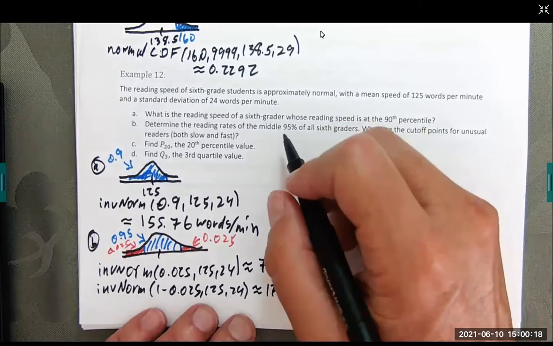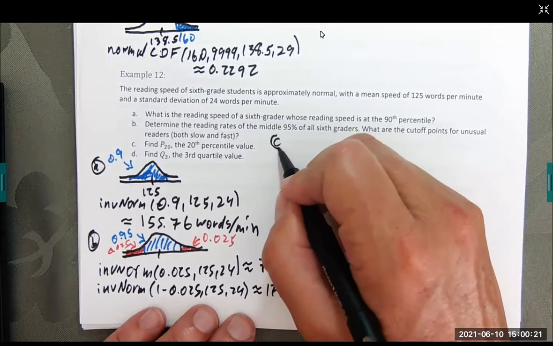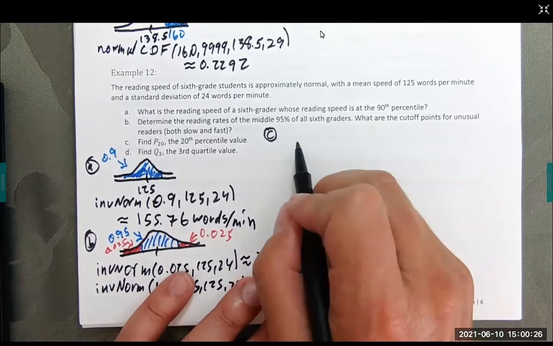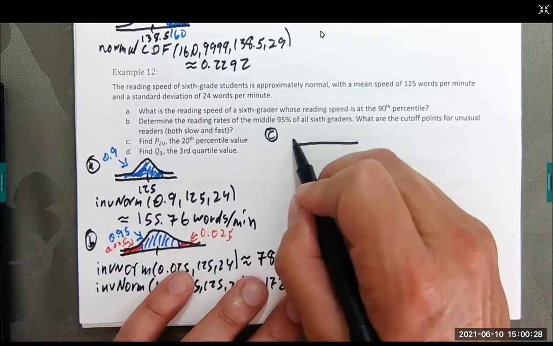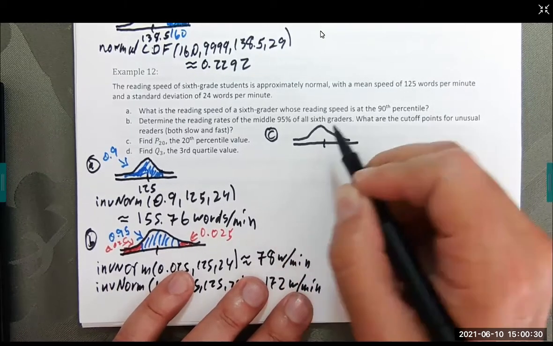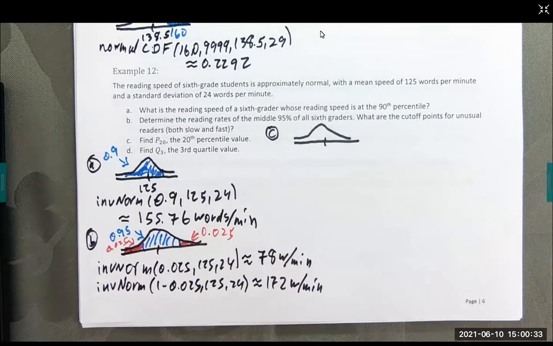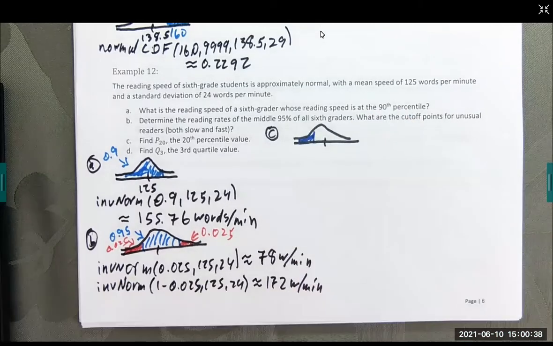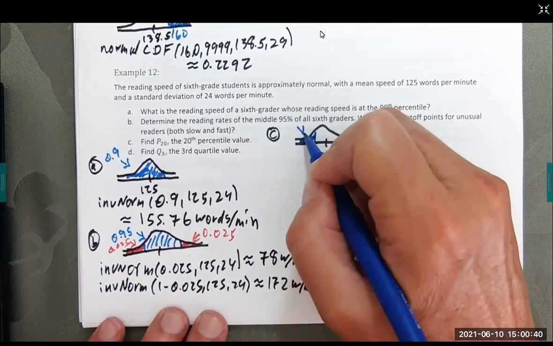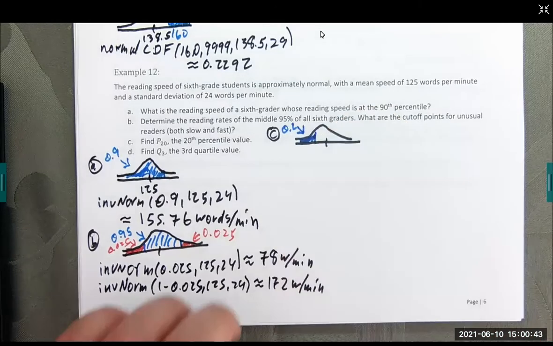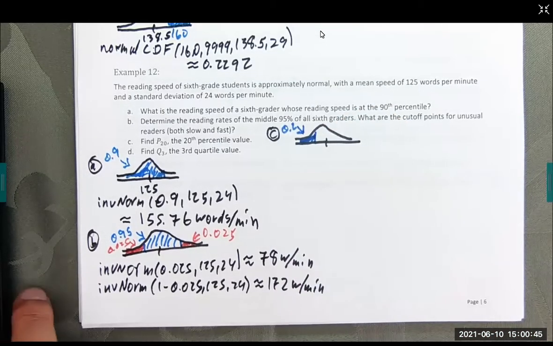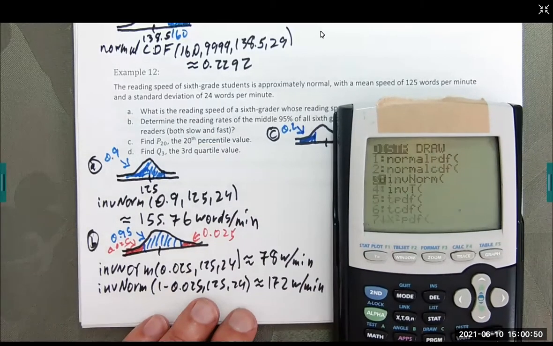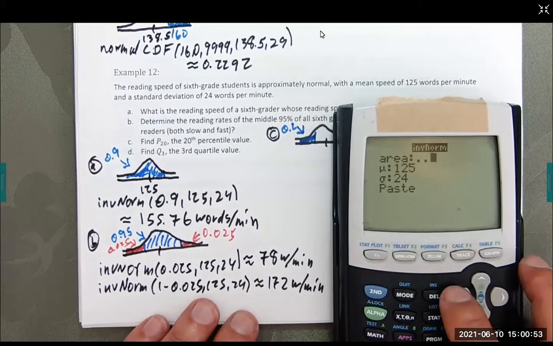Part C. Find P sub 20. So the 20th percentile. So again, percentile is always below. So 20th percentile is going to be somewhere over here. So this is 0.2. Let's see what we got. Point 2.